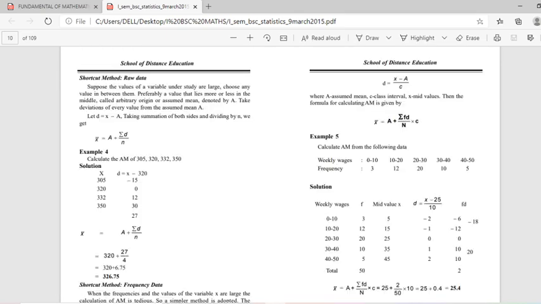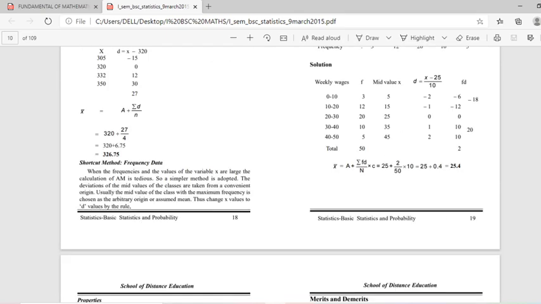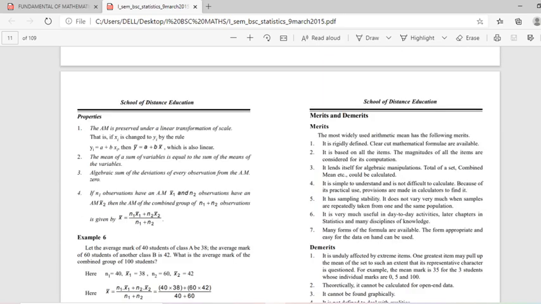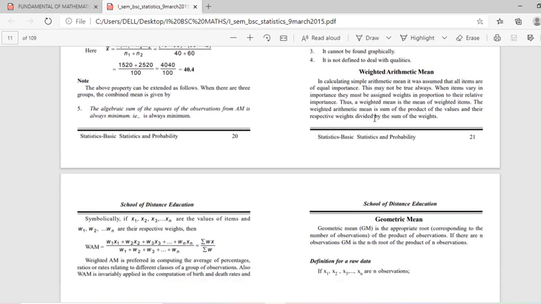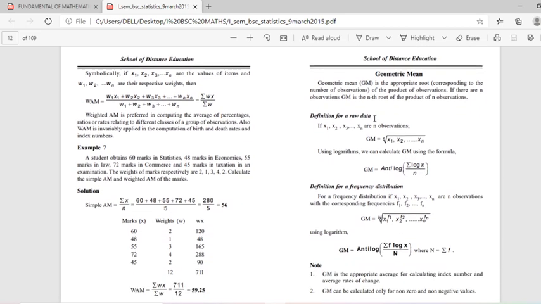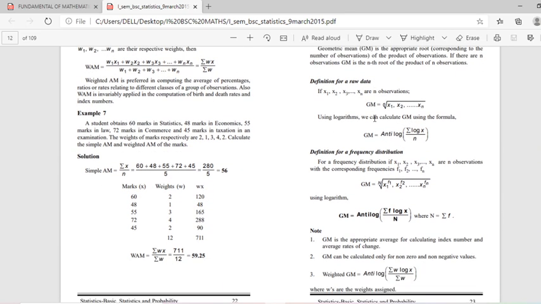In this book you can see different problems. Yes, we have example 7, look at example 7.